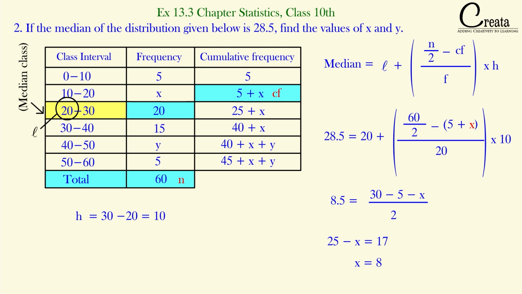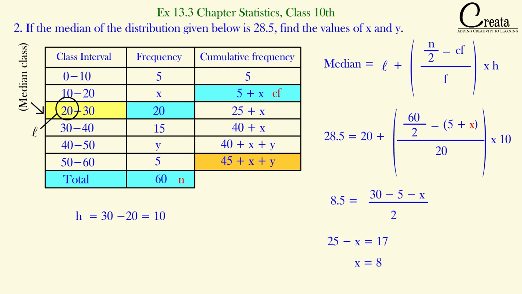We got one of the components. In the question, we have to find the value of x and y. We got x as 8. Further, let's find the value of y. Here if you observe the last term of the cumulative frequency, 45 plus x plus y, it is the total addition of the frequencies. Cumulative frequency is the addition of all the frequencies up to that row.